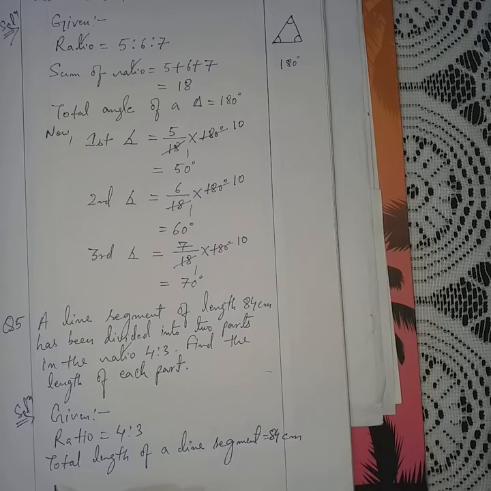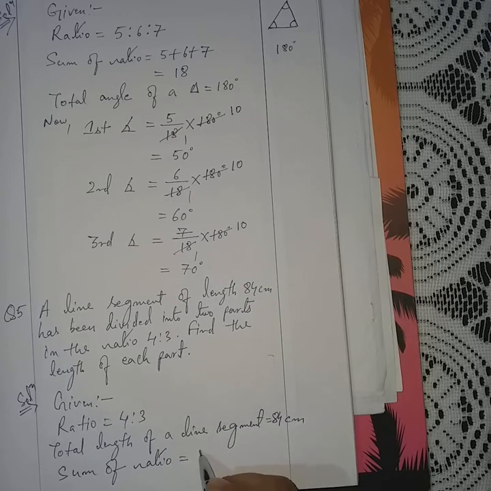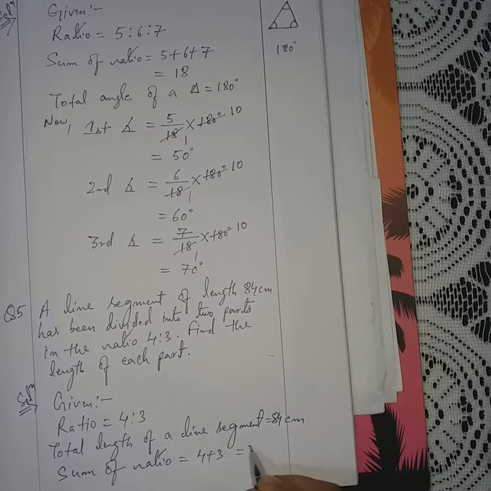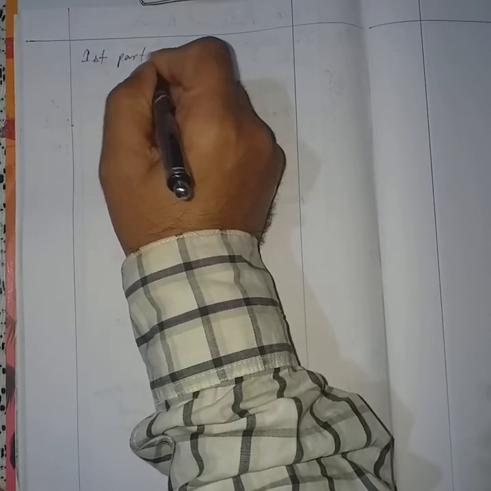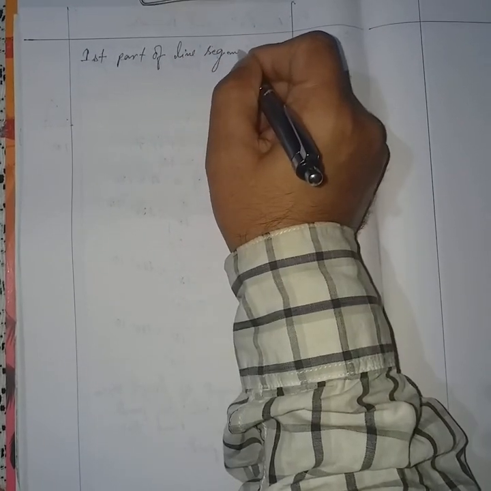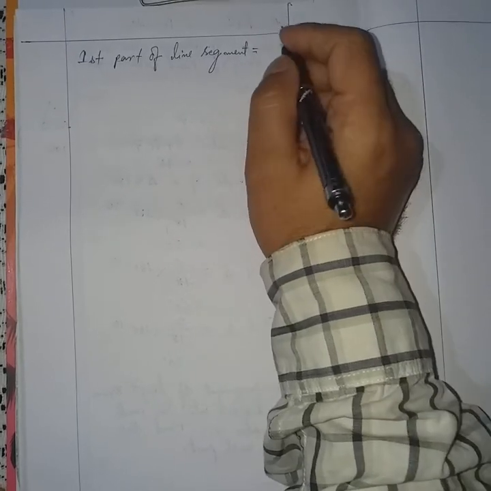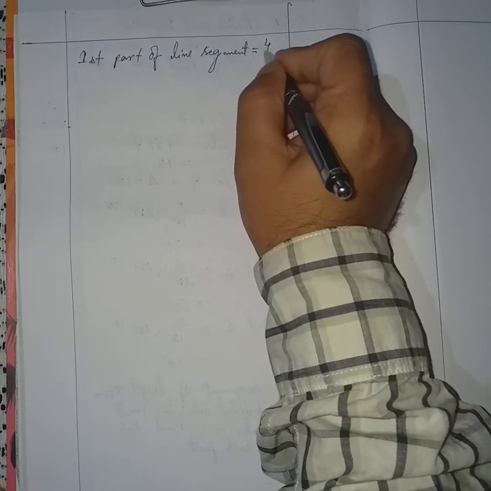Now the sum of the ratio is equal to 4 plus 3, that is 7. Okay, the first part of the line segment will be equal to, the sum of the ratio is 7 and the first part ratio is 4 by 7.